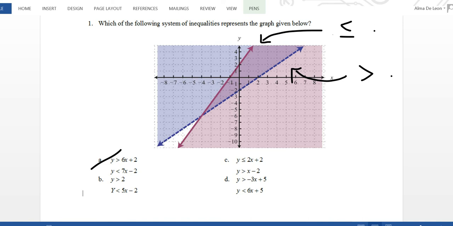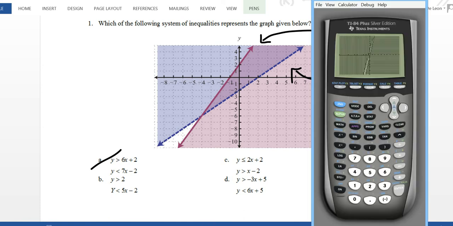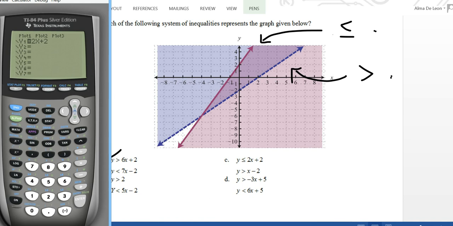If I look at C, I have a less than or equal to symbol and a greater than symbol. So let's work with C next. Maybe that's our answer. I am going to begin by typing in my first inequality, which is 2x plus 2, and I'm going to go all the way to the left.